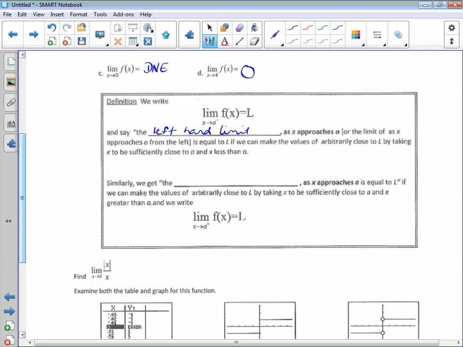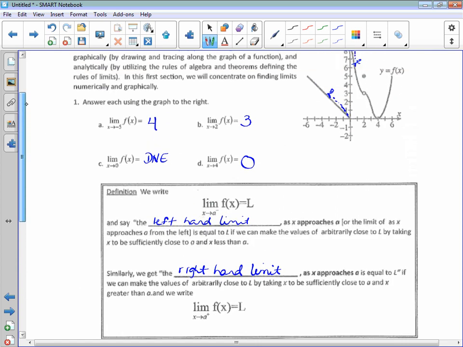What that means is we only are going to evaluate the limit as we approach from the left. So you only have one little guy walking, and he only walks from the left. If there's a plus, what do you think that's going to be? Right hand limit. So if I'm asking you to evaluate that, you're only going to look at it from the right.